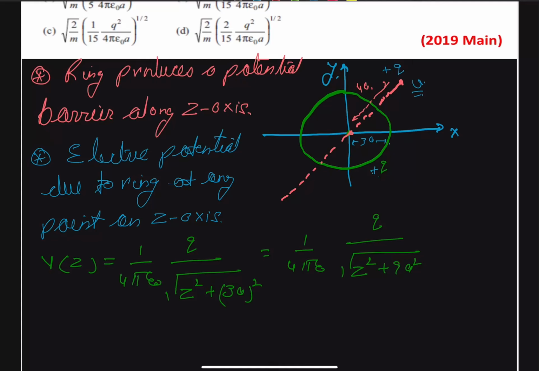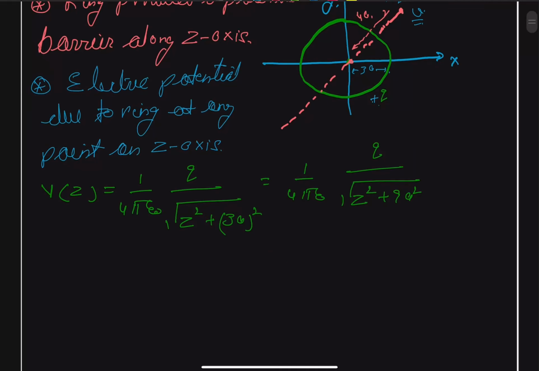And we can say the potential energy U of z, or directly let's use the conservation of energy. There will be 2 points.